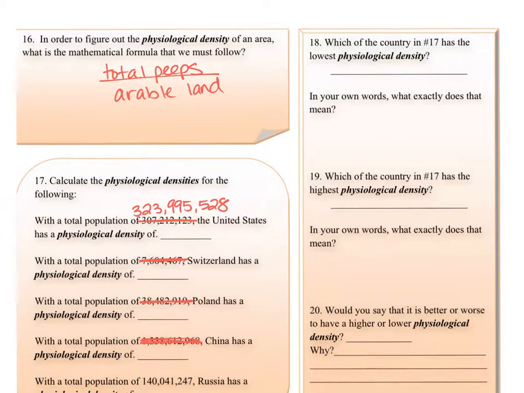The U.S. 1,769,784.17. So what does that give us? 183.07. And that's square kilometers, because we're working in kilometers with this one.